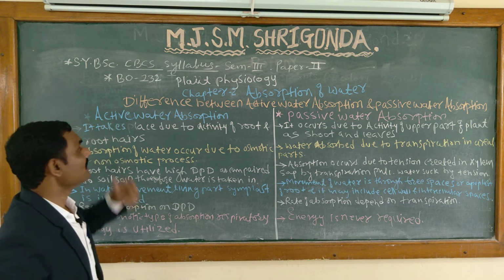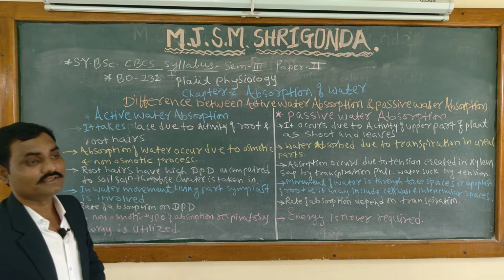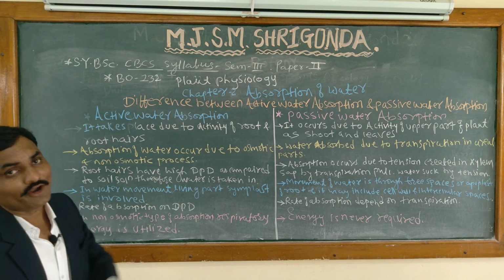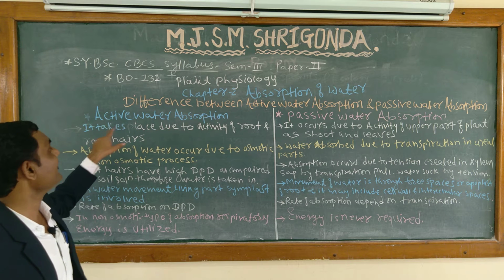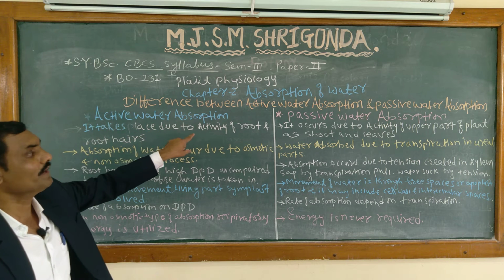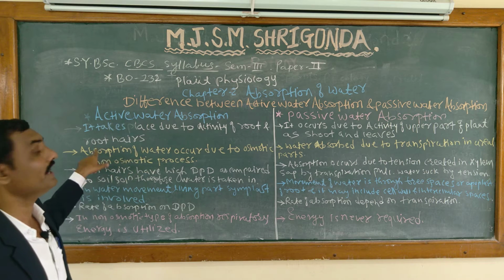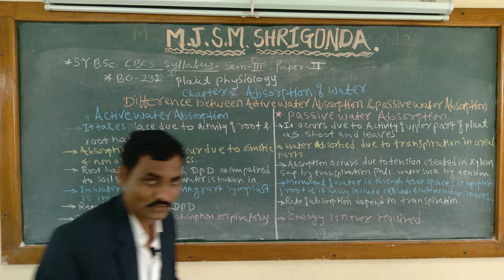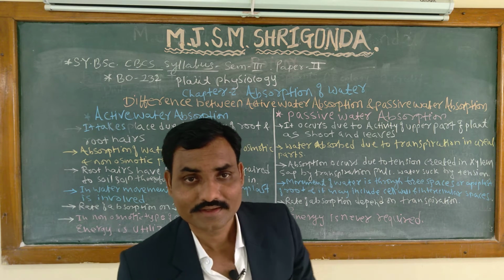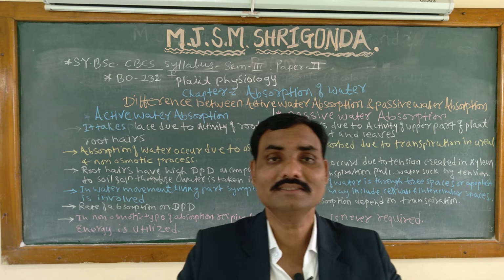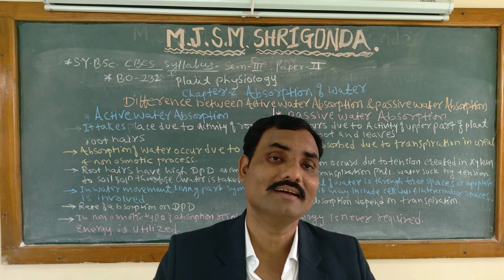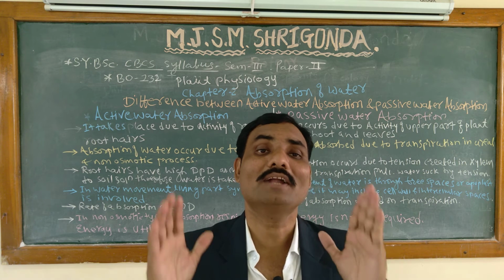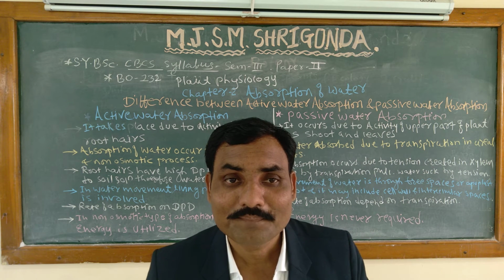Then what about active water absorption, or which is the important point in that? Active water absorption takes place due to the activity of root and root hairs. We know that there are different organs of the plant. Some plant organs are underground, some are aerial.